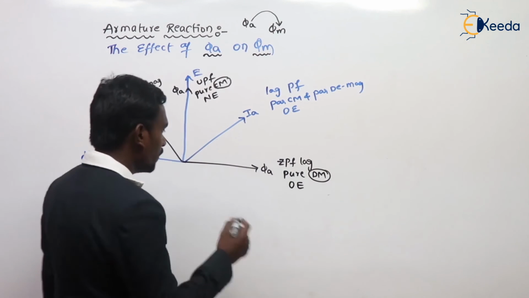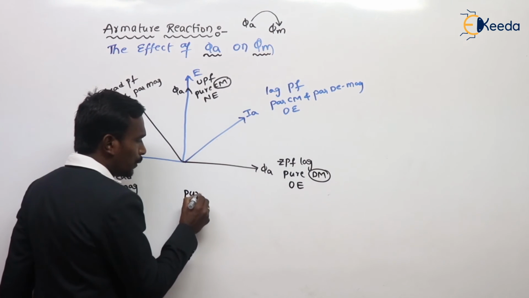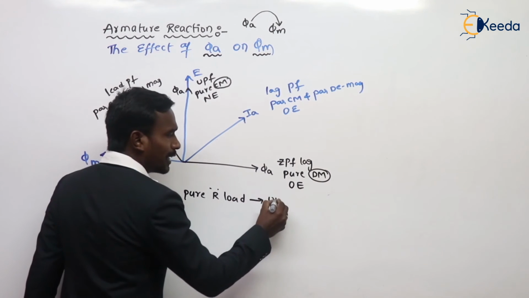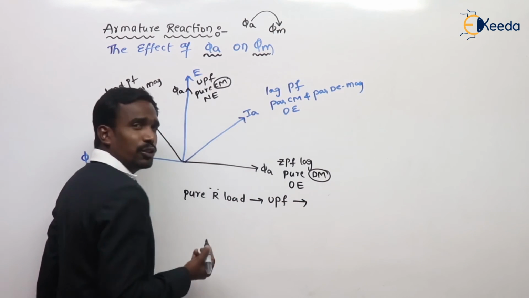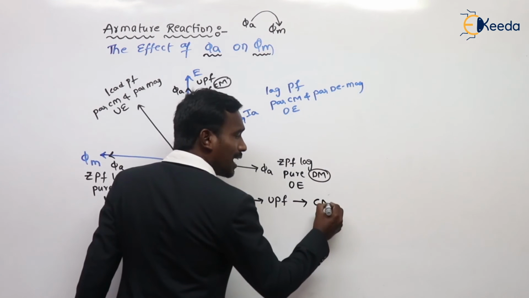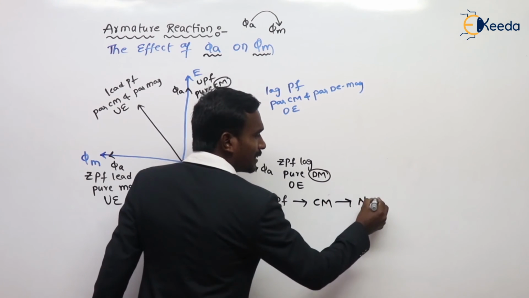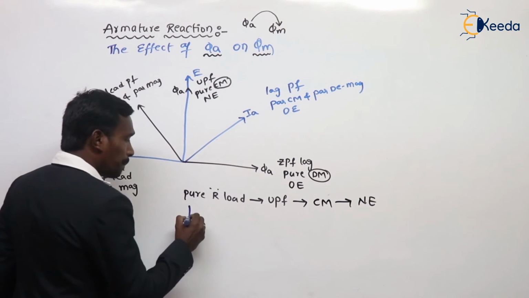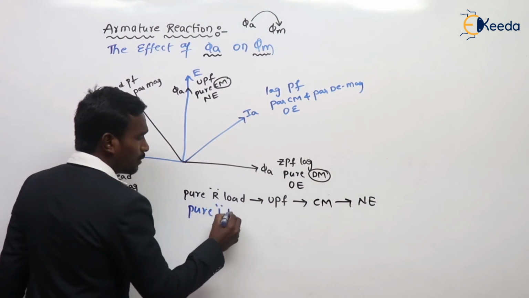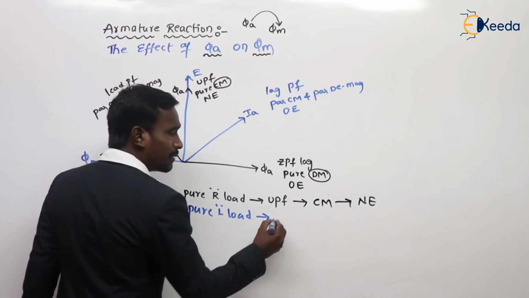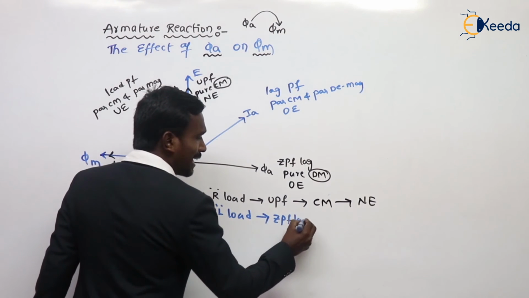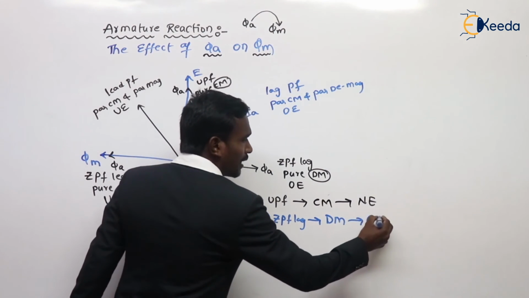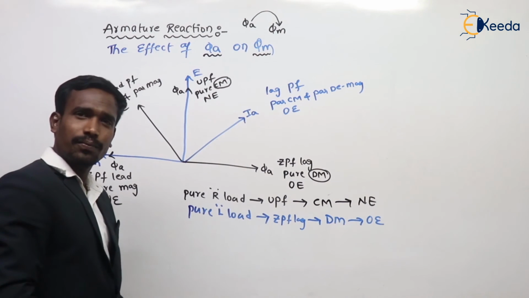Right? So now tell me, pure resistive load. For pure resistive load, unity power factor, cross magnetization, normal excitation. Next, pure inductive load: zero power factor lagging, pure demagnetization, over excitation.